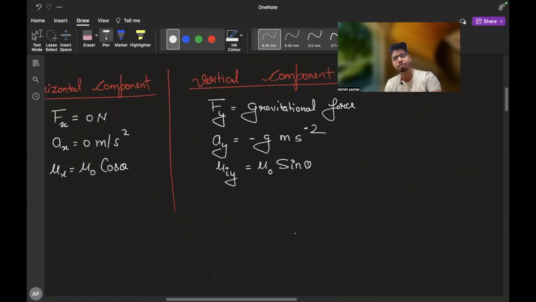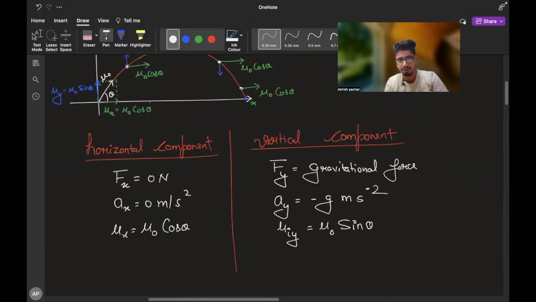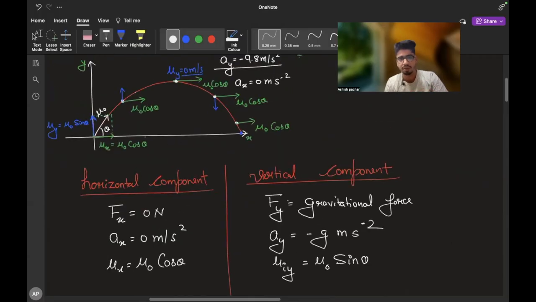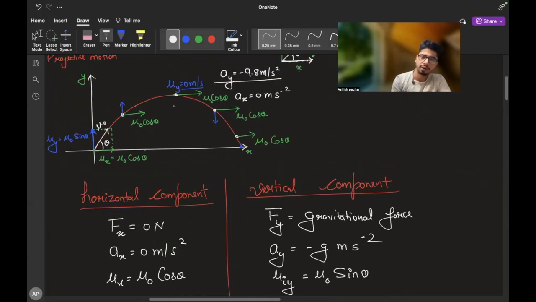Now, to solve most projectile motion questions, if the time is not given, you can consider the peak value. At the peak, at the maximum height, which velocity component is 0?